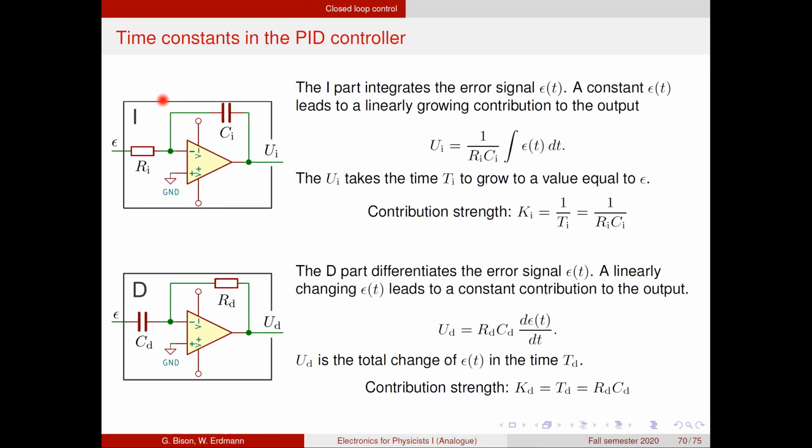So if we have a look at this integrator, it's also called the I part of the PID controller. Well, it integrates the signal, of course. And so this means that a constant signal leads to a linearly growing output. So if we integrate a constant, we get a linearly growing output. And this voltage, which is just the output of the integrator, takes the characteristic time, Ti, to grow to a value equal to the direct copy.